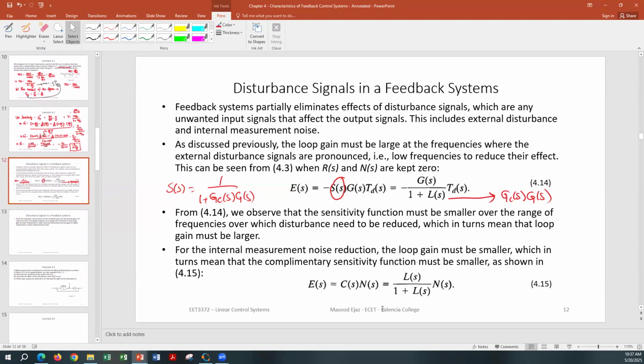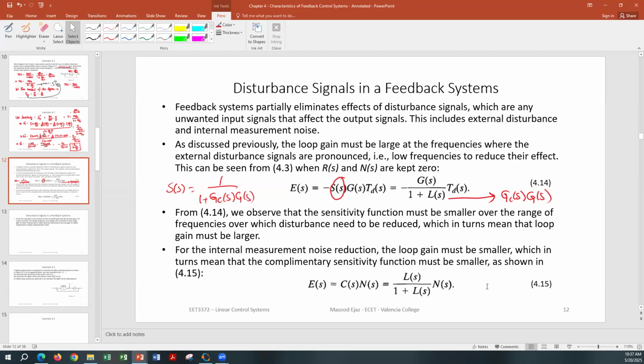So the error signal only because of the noise is loop gain over 1 plus loop gain, which is the complementary sensitivity function. So the loop gain must be smaller, which in turn means the complementary sensitivity function must be smaller, as shown here, in order to reduce the error due to only the noise.